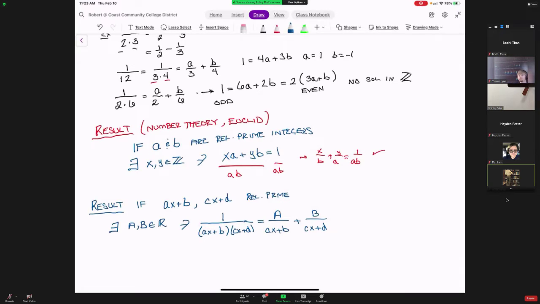Back up in the number theory result, the A and the B are always going to be in magnitude smaller than these two numbers. And again, it all comes as a consequence of something called the division algorithm. None of you guys are math majors, but maybe one or two of you might minor in it, and should you minor in math, you might take abstract algebra or number theory and learn a little bit about this.